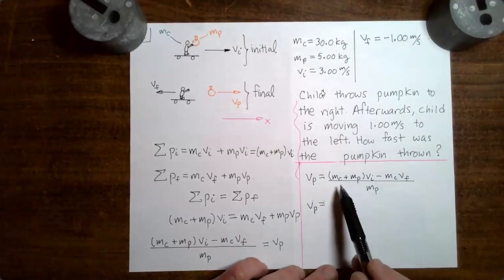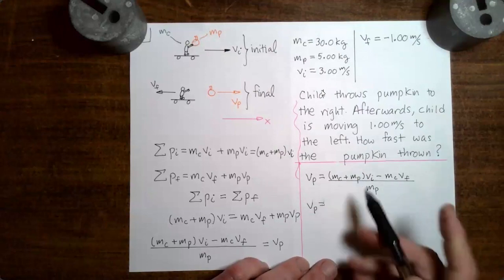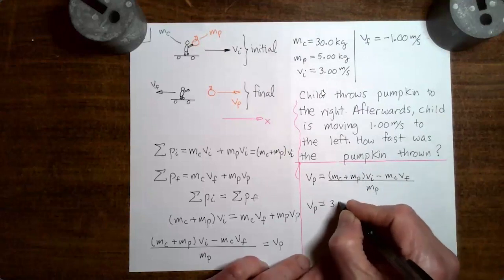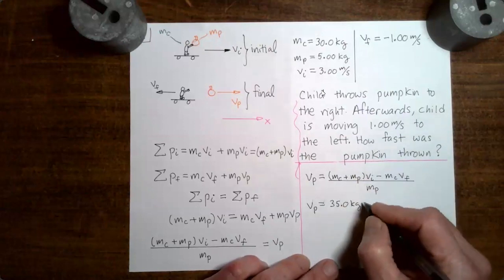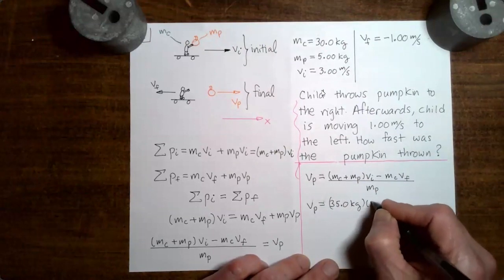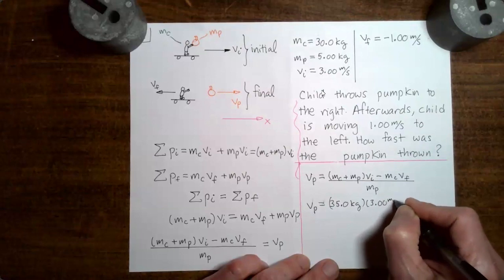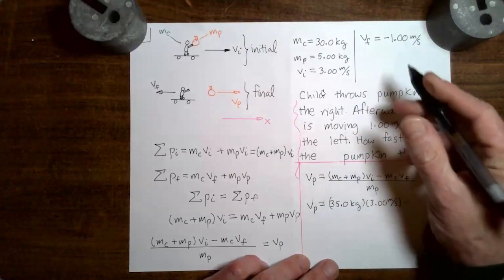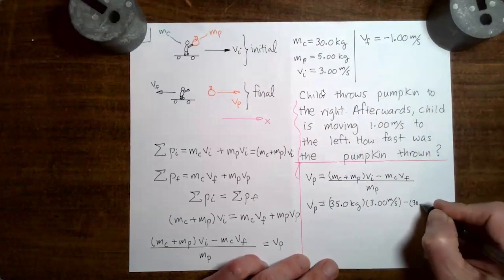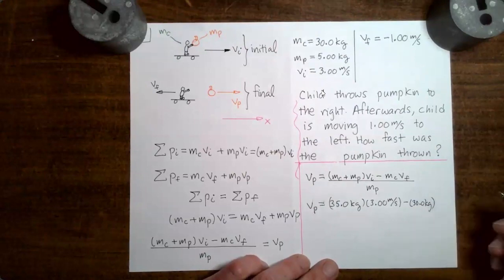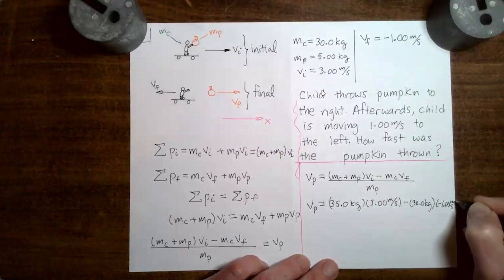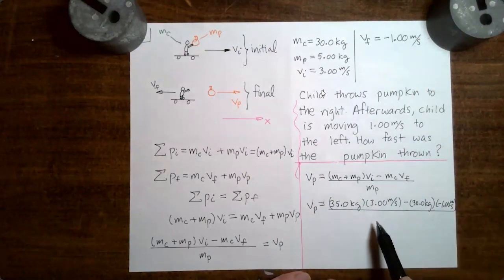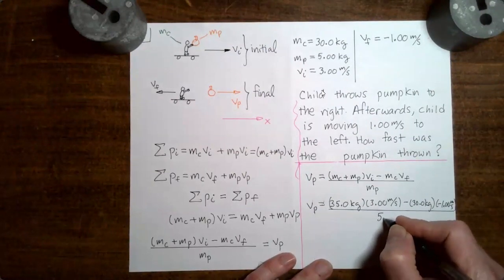Making the substitutions now, mass child plus mass pumpkin would be 35 kilograms, times the initial velocity, 3 meters per second, minus mass child, 30 kilograms, times v final, minus 1 meter per second. All of that is divided by the mass of the pumpkin, 5 kilograms.